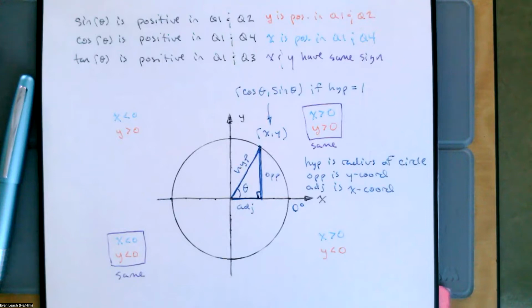The way that we want to use this is to think about what's going on in what we call the unit circle. Unit circle means the radius is 1. The hypotenuse is the radius, so in the unit circle, the hypotenuse is always 1.